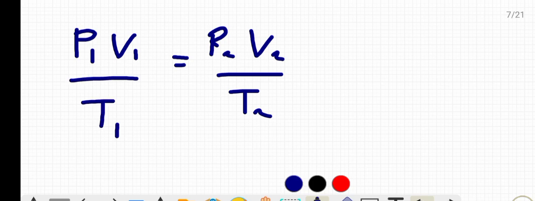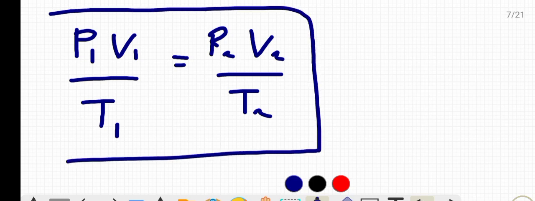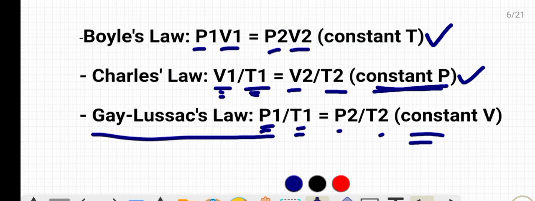Interesting. Very, very interesting. So I want us to note something here. This expression combines all three of these equations.